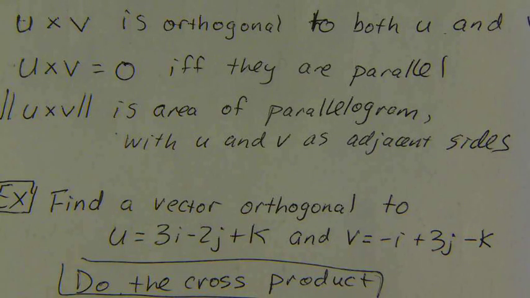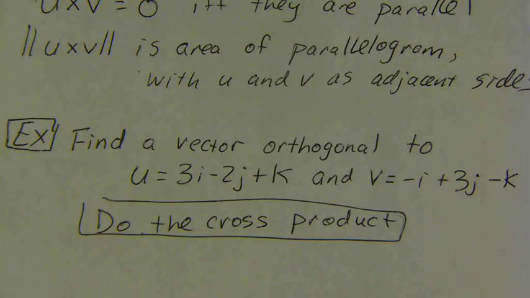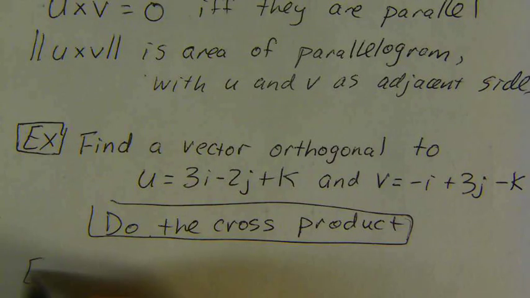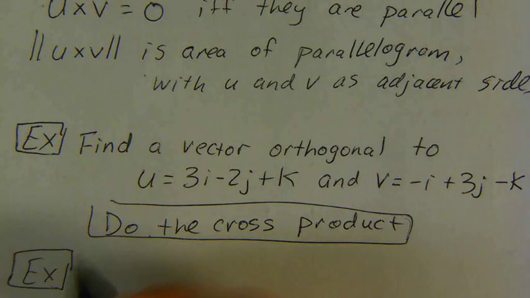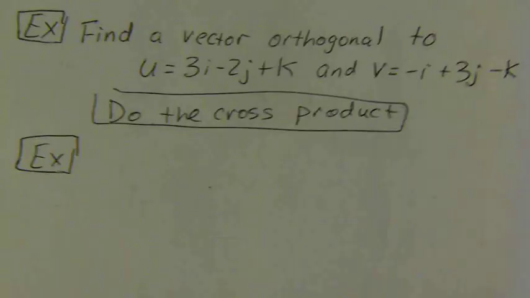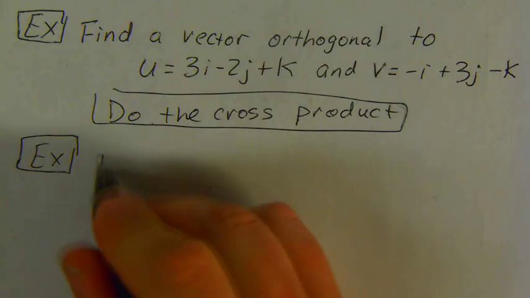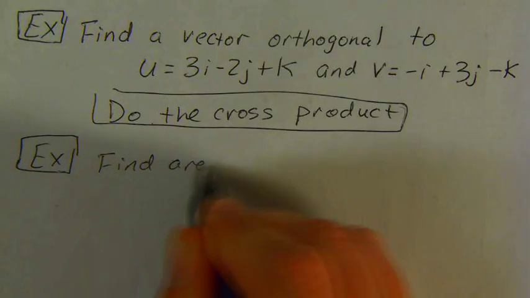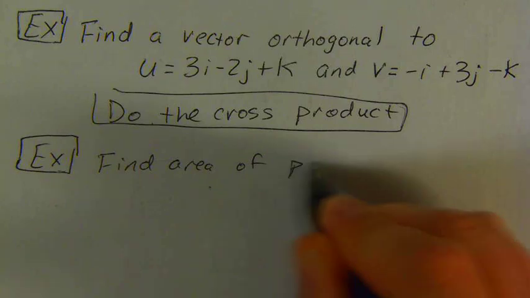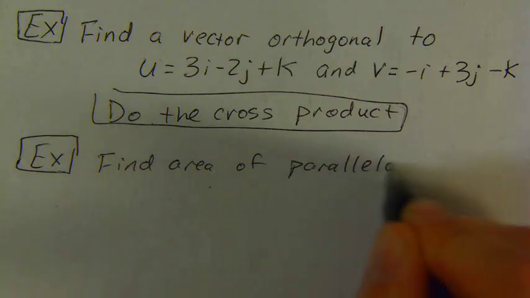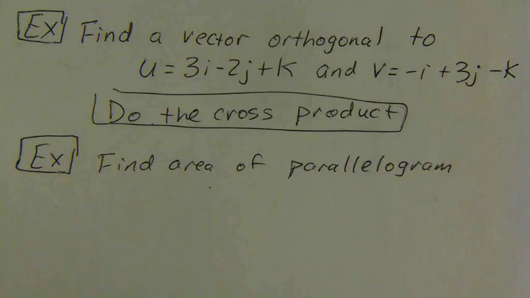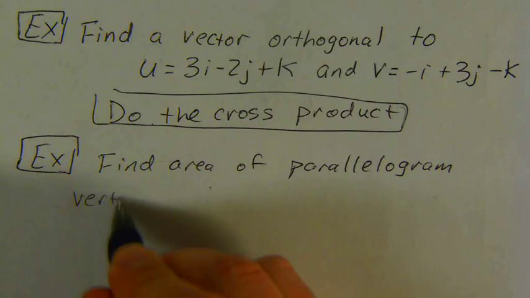Okay, and then the other example that we need to take a look at before you do it is find the area of a parallelogram. So we'll do an example of this. We're going to find the area of a parallelogram, and these are the vertices.